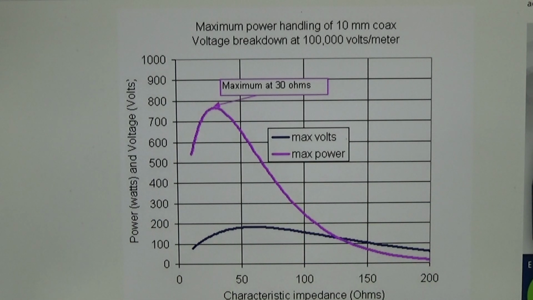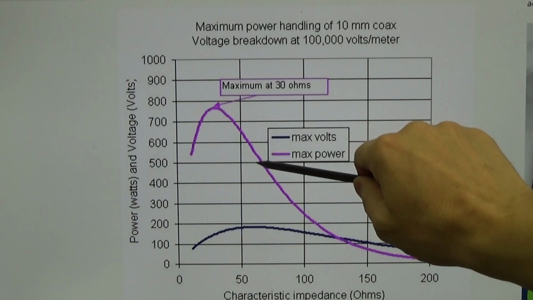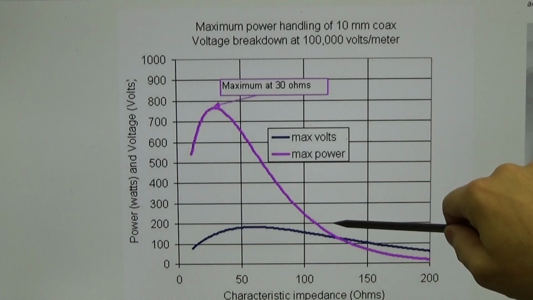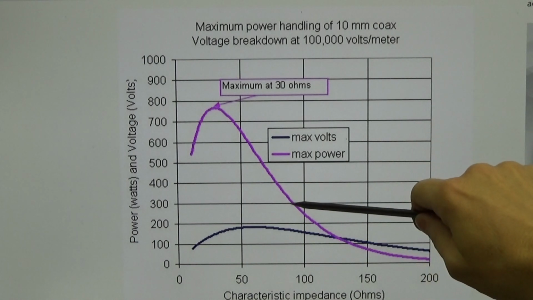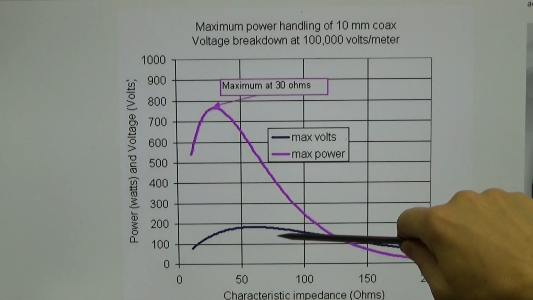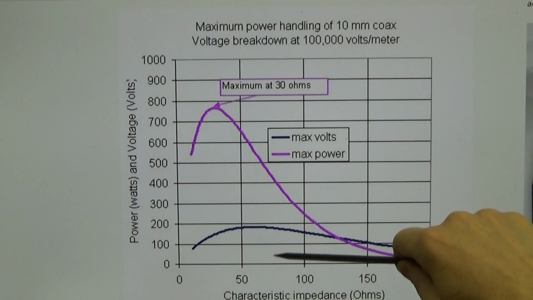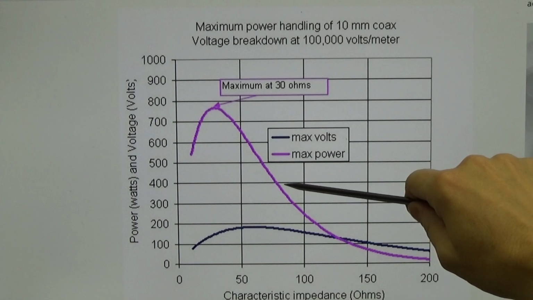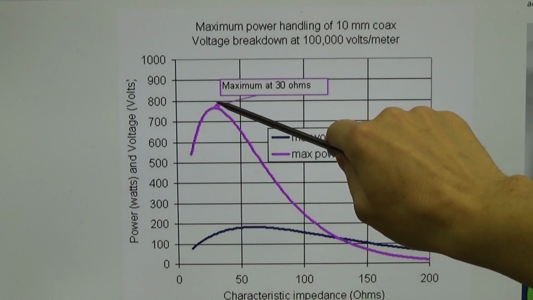So that means now we have not only receive, we also have transmit, and with transmit we have a completely different problem, because as you can see, if we go along here our maximum power, at let me say 75 ohm we are not really able to handle our high power.